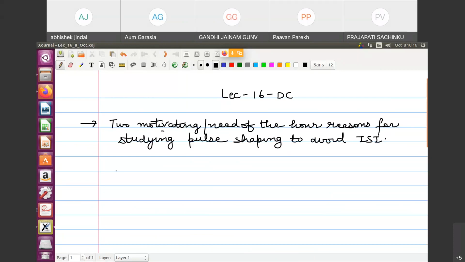So one is our problems with pulses that somewhat extend too much in time.